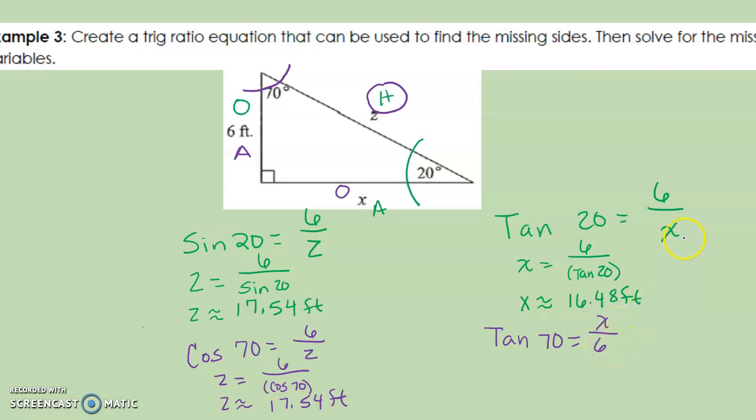See how they are reciprocals of each other? We're going to talk about that in the next lesson. So I'm going to have 6 times tan 70 equals my x. Go to my calculator, 6 parentheses tan 70, and I end up with 16.48. Same thing, approximately equal to my x.